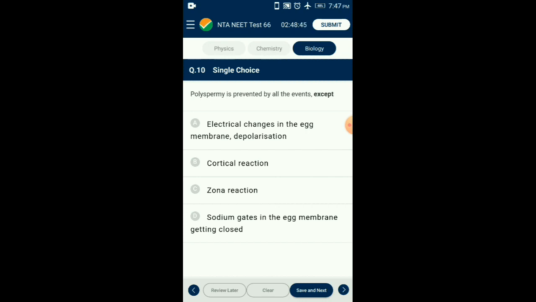Among them, the first block to polyspermy occurs within a tenth of a second of fusion and involves the opening of Na plus channels in the plasma membrane of the egg. Na plus flows into the egg, depolarizing the membrane and preventing additional sperm from fusing to the egg. So the answer for this question is option D.